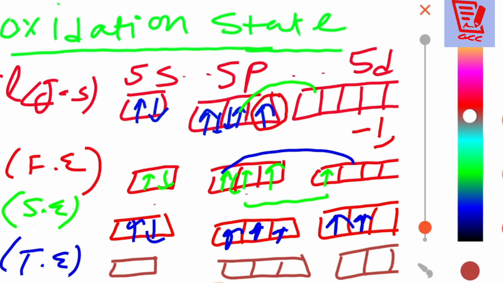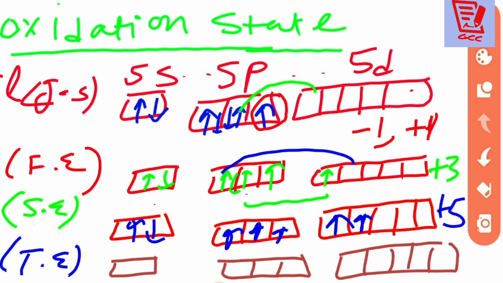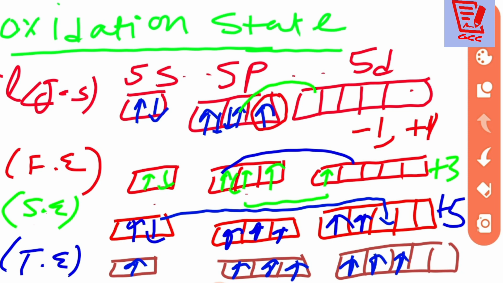One electron will be promoted, so it will become 1 2 3 4 and 5. Now how many unpaired electrons are there? Total unpaired electrons are 7, so this will show a +7 oxidation state. So they can show +3, +5 and +7 oxidation states.